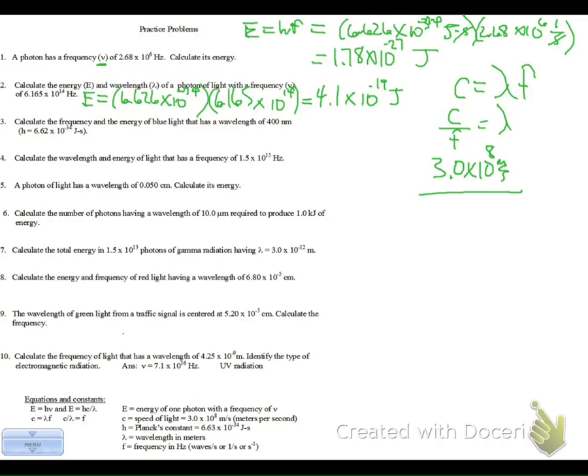And we're going to divide that by the frequency here, which is 6.165 times 10 to the 14th. And a hertz is 1 over seconds. So here the seconds cancel. And we're left with a wavelength of 4.87 times 10 to the minus 7 meters. Let me write that a little more neatly. 4.87 times 10 to the minus 7 meters.